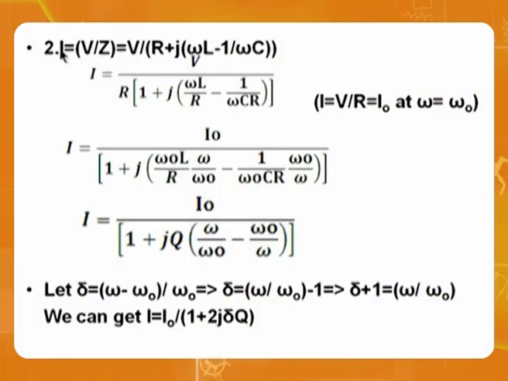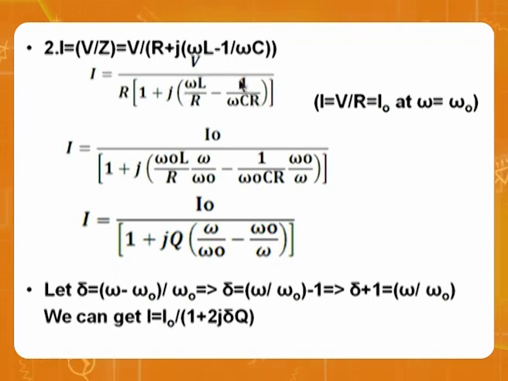Second point, what is the overall current? Overall current is always voltage by impedance. What is impedance here? Because they are in series, R plus j omega L minus 1 by omega C. Then take R common. If you take R common, 1 plus j omega L by R minus 1 by omega CR. That means I am giving another important thing.